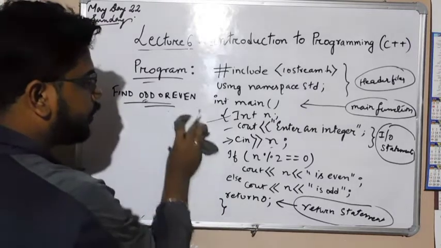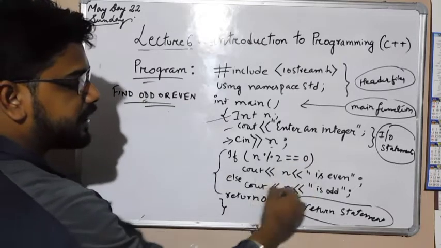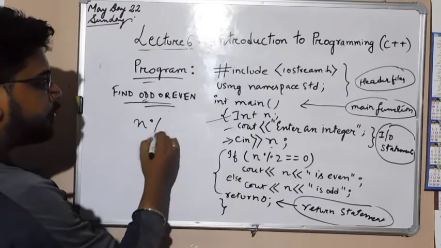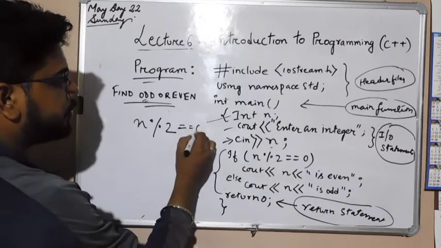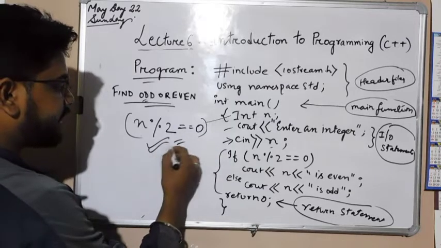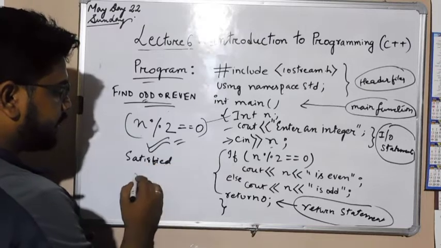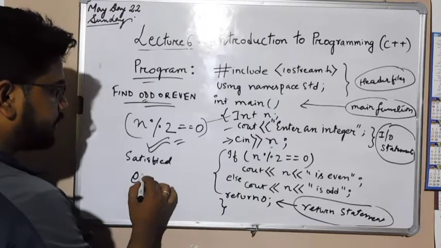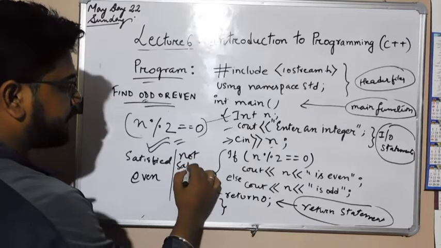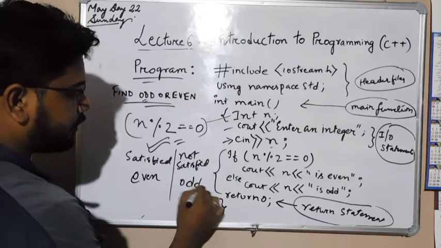Now this block of code is the main part, the executable part. It says n mod 2 equal to 0. This is the condition. Whenever this condition is satisfied, the number is even, and if it is not satisfied, then the number is odd.